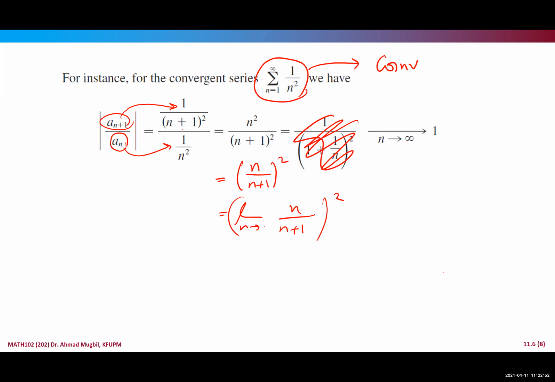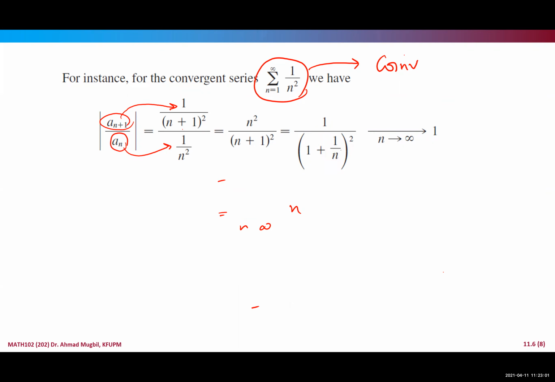Now the limit here is 1, so it is 1 squared, which is 1. So the limit goes to 1. Look, the series is convergent, and the limit is 1. I don't know why the pen is not working properly.